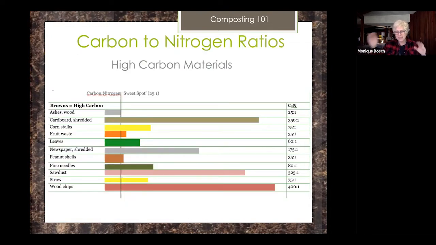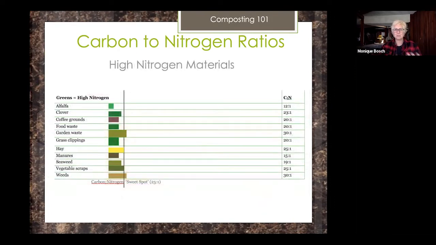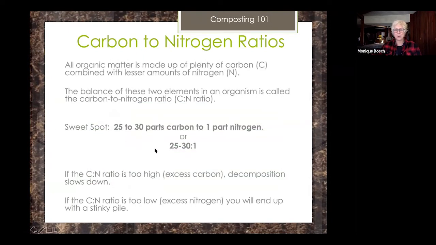And the main rule of thumb, if you will, for any compost is knowing the carbon to nitrogen ratio of what you're putting in. So high carbon materials mixed with high nitrogen materials, so that you get what we want, which is 25 to 30 parts carbon to nitrogen. So again, this is a long story, so I'm just giving you the highlight.